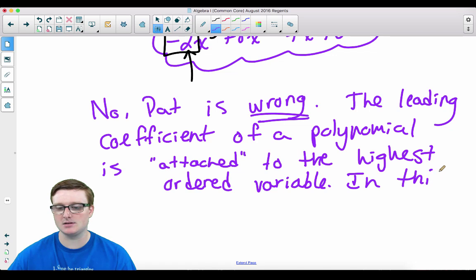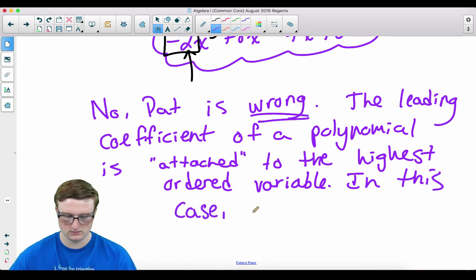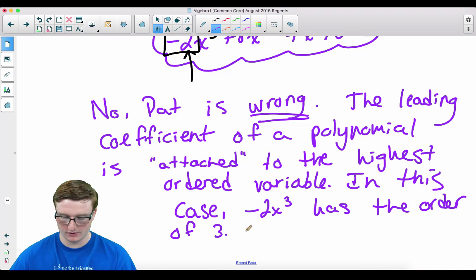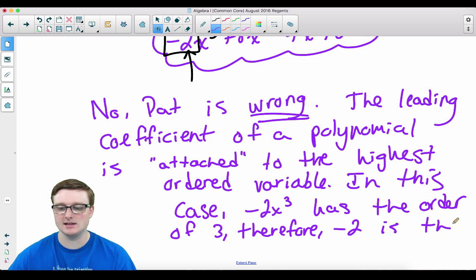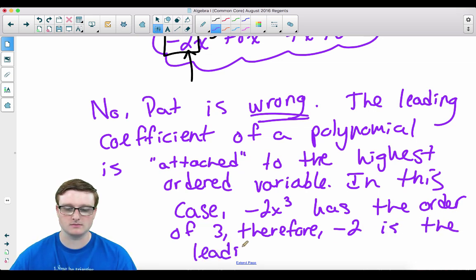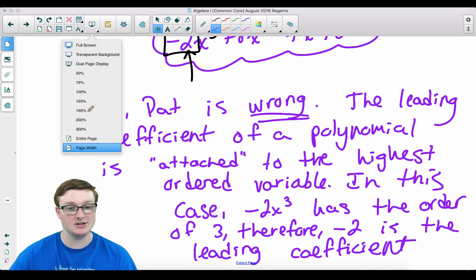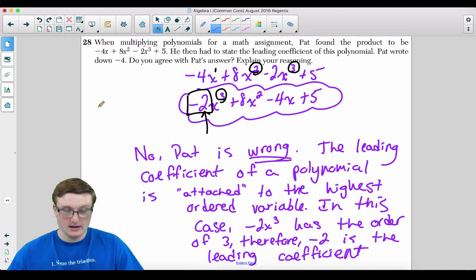In this case, negative 2x to the third has the order of 3. Order just means power. You could just write power of 3 if you really want to. And therefore, negative 2 is the leading coefficient. And that's it. That's how you explain your answer. All right. That's number 28.